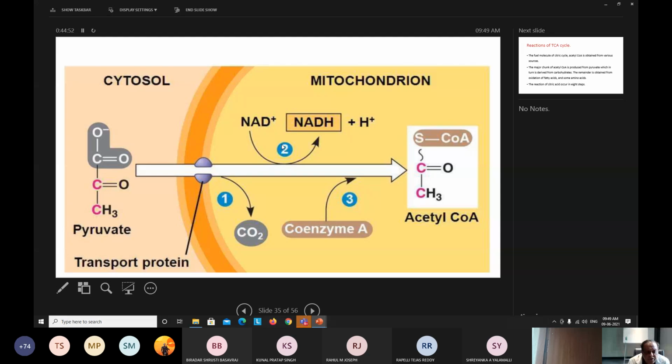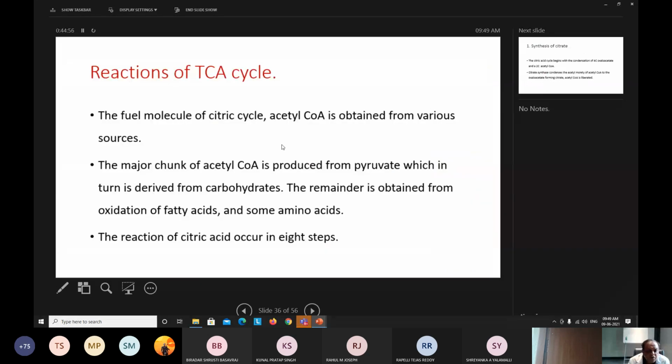This is how it starts. So we'll just touch on the reactions of the TCA cycle. The major chunk of the acetyl CoA is produced from the pyruvate, which is in turn derived from the carbohydrates.